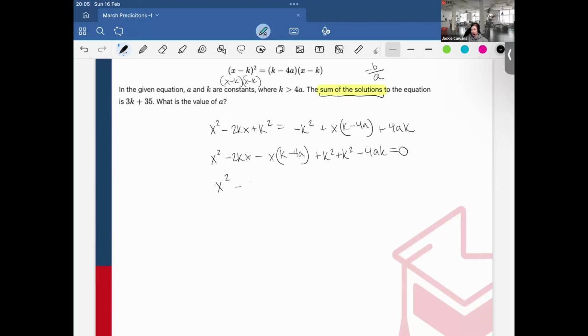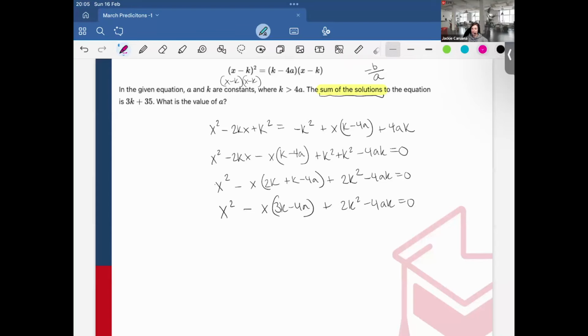So I have x times (2k plus k minus 4a), and then plus 2k squared minus 4ak. Since I care about the b value, just going to make it a little bit nicer. This would be 3k minus 4a, and then plus 2k squared minus 4ak equals 0.